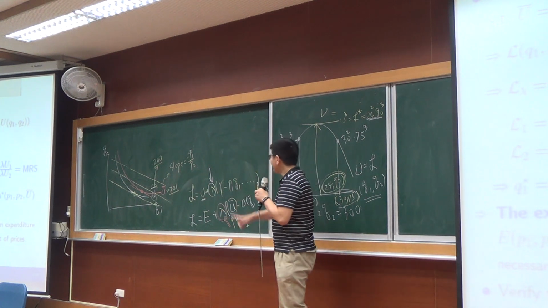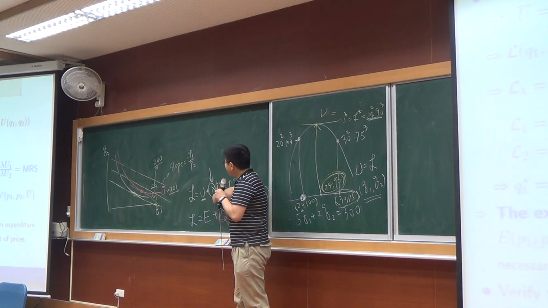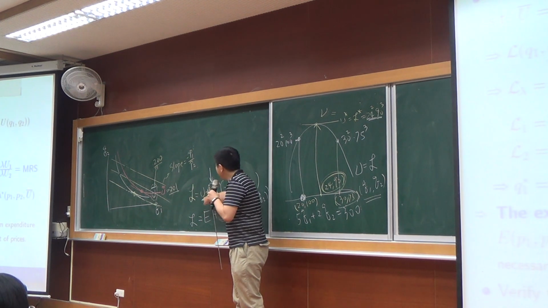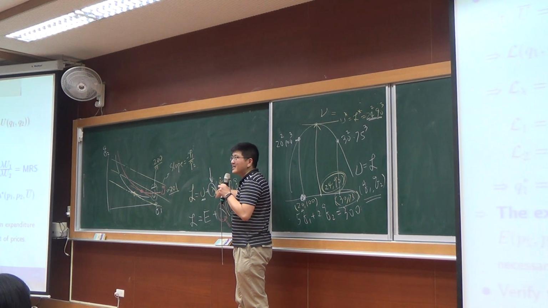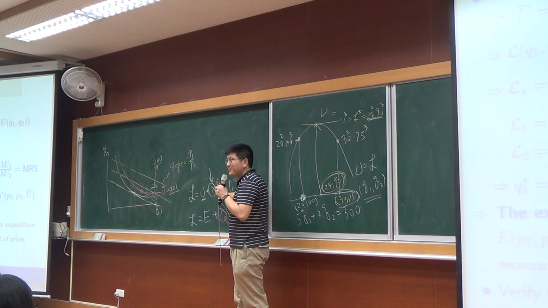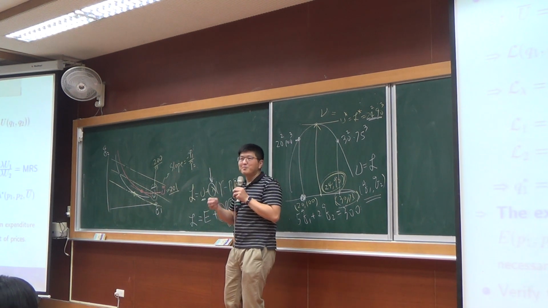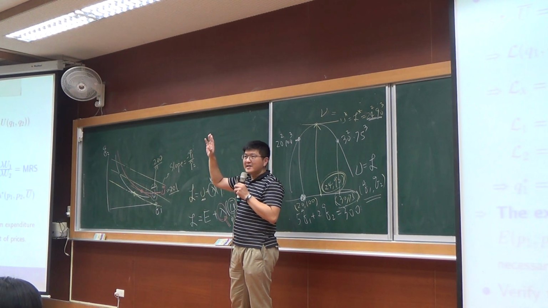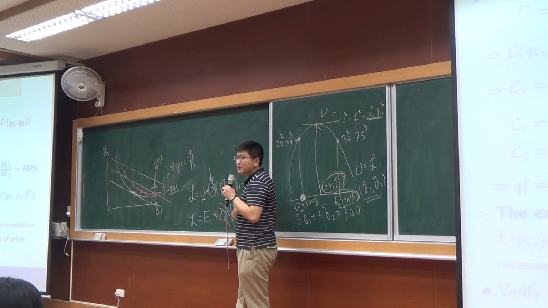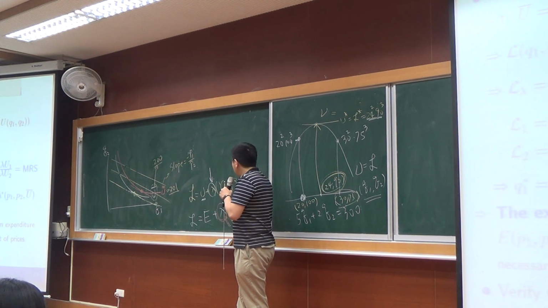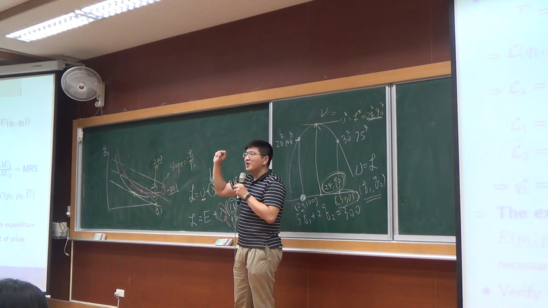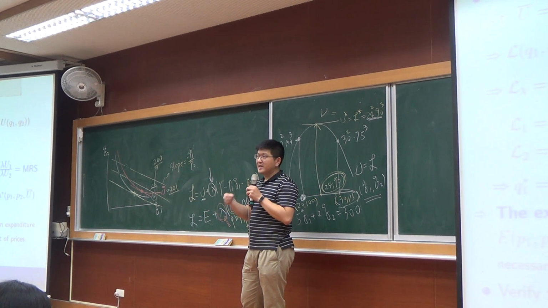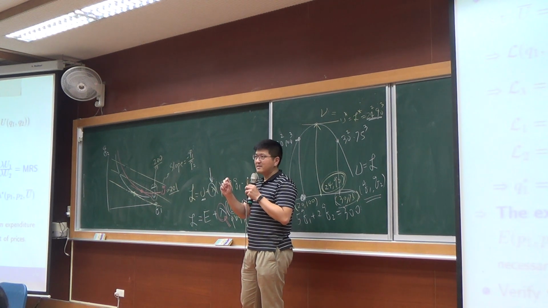Okay? Once again, this lambda captures the marginal utility of an extra income, because if you have more money, you may reach a higher utility level, right? Now, this is the utility requirement. Once you raise your requirement a little bit, I got to pay more. My expenditure will be higher.